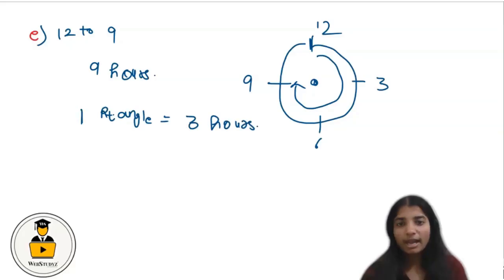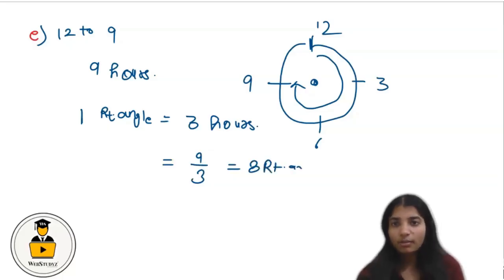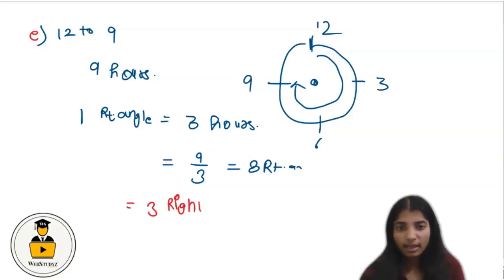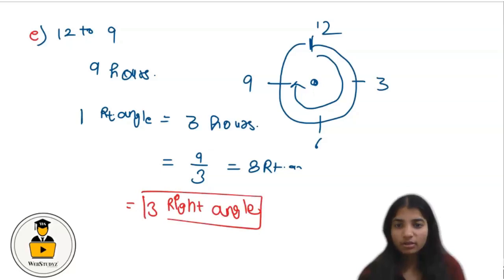So for 9 hours the right angles will be 9 divided by 3, that is equal to 3 right angles. So when the clock moves from 12 to 9 it will cover 3 right angles. This is the answer to part E of this question.